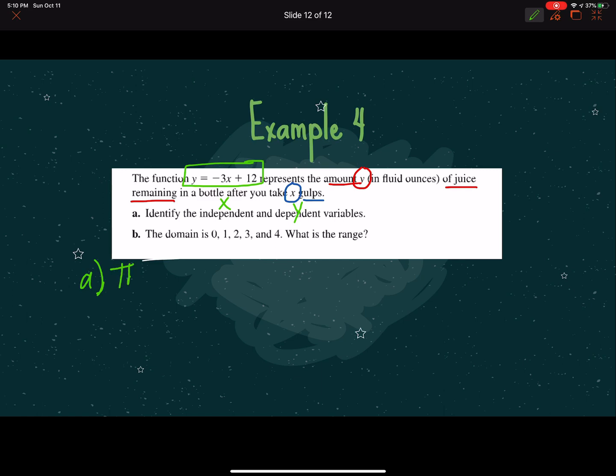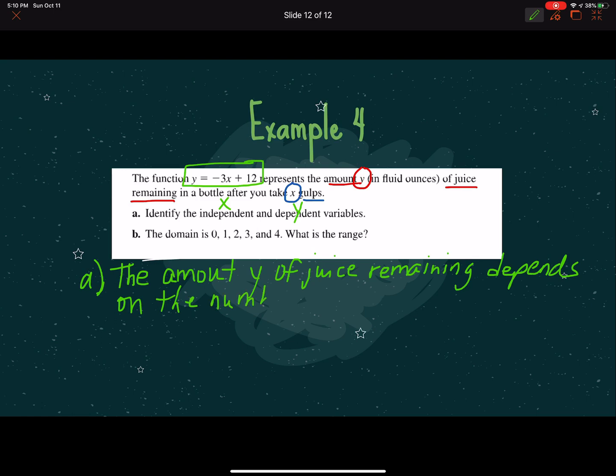So the amount, and you can just restate from the question, the amount y of juice remaining depends on the number x of gulps. So the remaining juice depends on the number of gulps taken.